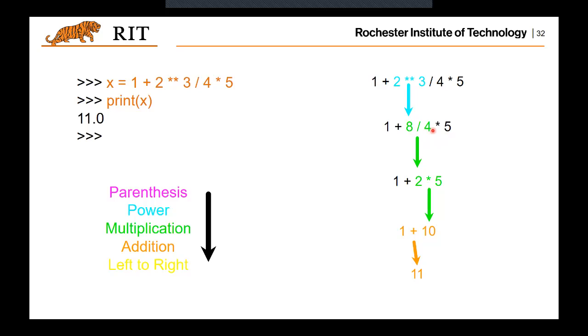So 8 over 4, which is 2, and multiplied by 5, which is 10. And it turns out you have 1 plus 10, which is 11. So that's the whole procedure to compute this expression. And this 11 is assigned to x. And if you print out x, it is 11 currently. All right. So for this part, any questions?